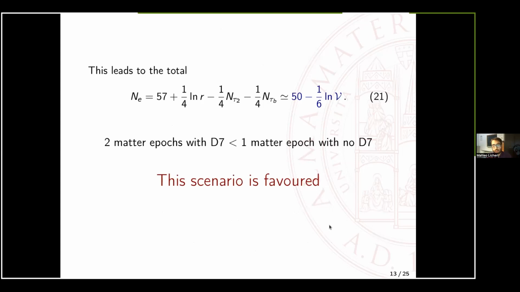So putting it all together, we found that the number of e-foldings is now 50 minus 1/6 log of V. So in the end, these two matter-dominated epochs combined last less than the single matter-dominated epoch when we had no D7 on the inflaton. And this scenario is favorable because we have a bigger number of e-foldings, so we can fit the spectral index better.